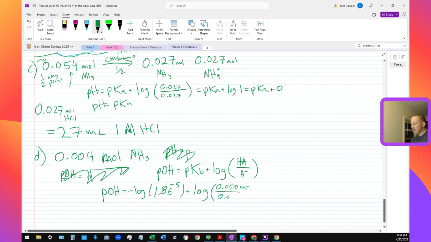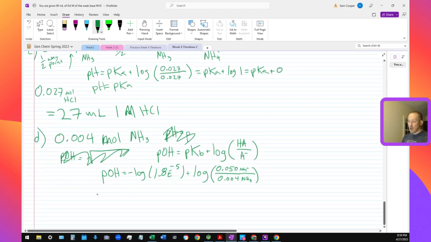And we're going to have this much of our NH3 remaining. Now, I've left out concentrations here because they have the same volume. So if we speak in concentrations, that would still work, but the volumes would cancel out. So I'm just working straight up in moles. Doesn't really matter either way because it's a ratio of the same units, right? I mean, it's different species, but the units cancel. The ratio itself is what matters.